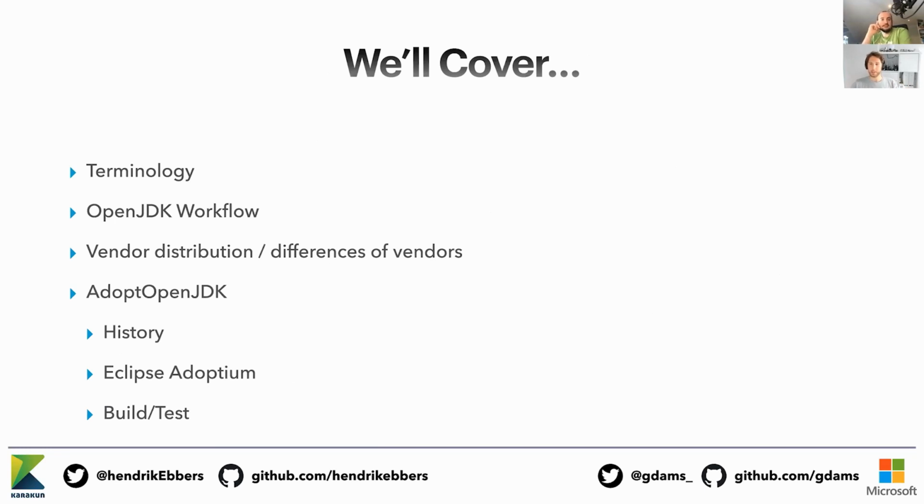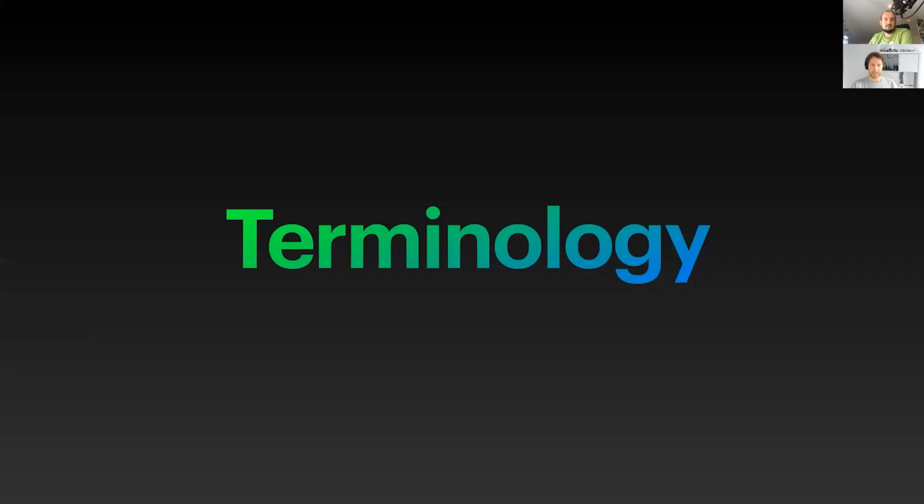And then we're going to dive straight into AdoptOpenJDK. We'll do a bit on the history of it. We'll talk about Eclipse Adoptium, which we're very excited to talk about, particularly here. And then we're going to roll things off with the build and test and look at how we do those on a day-to-day basis. So next slide, please, Hendrik.